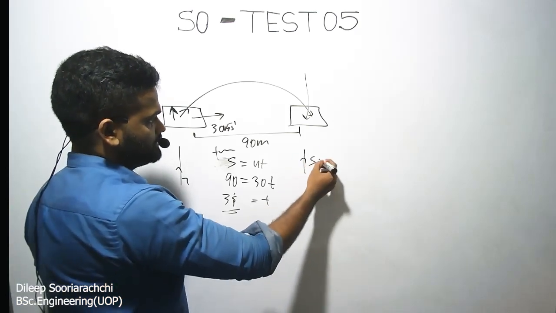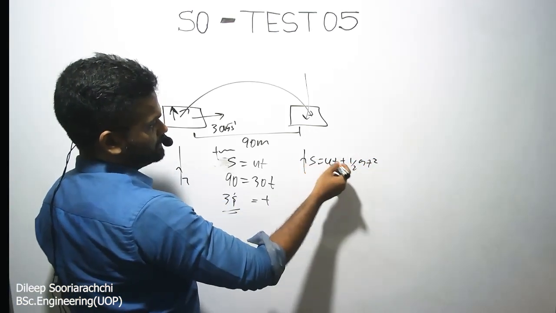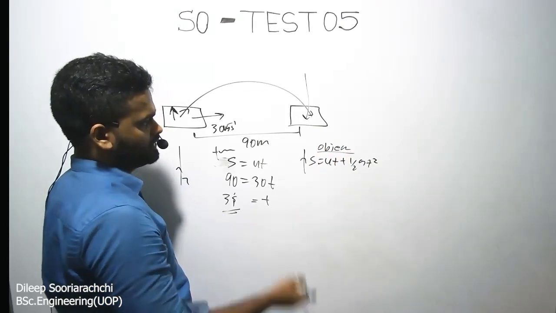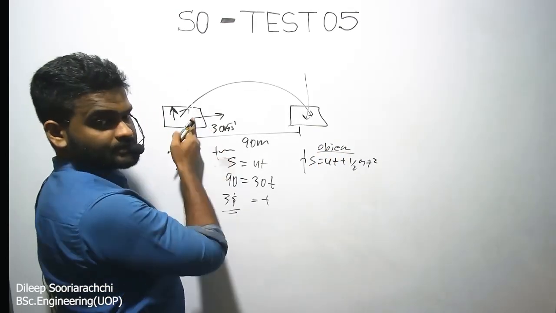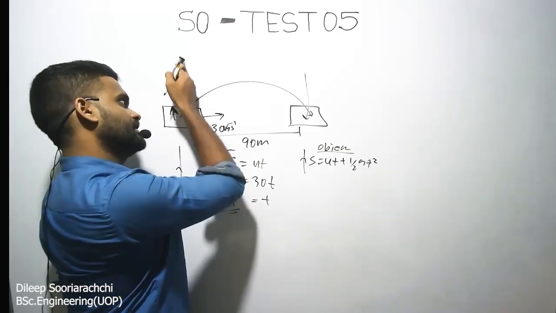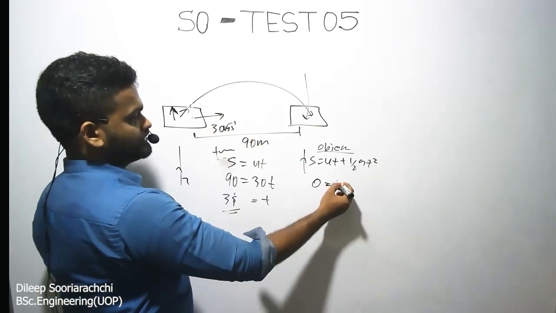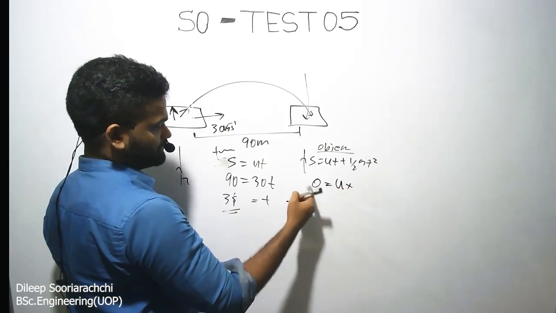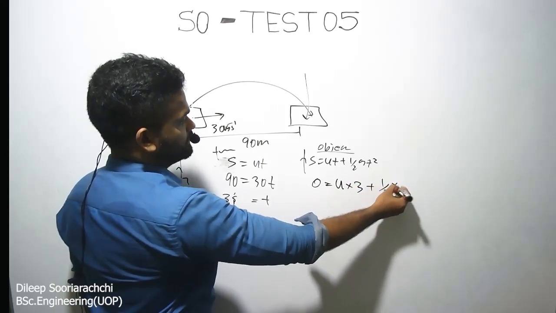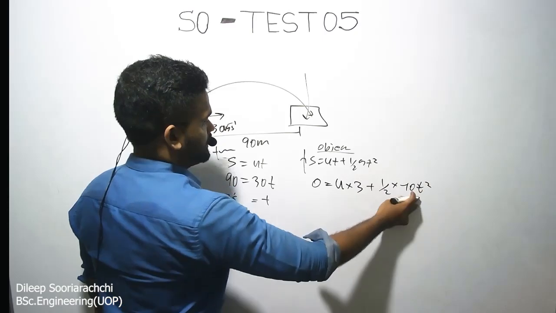Then just apply this equation upwards to the object or the ball. It goes up, comes down, right? Vertical displacement is 0. Initial velocity is what you need. The time is 3 seconds in air, half goes under gravity, so minus half times 10 t squared.